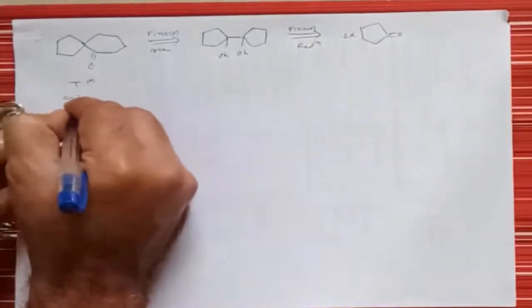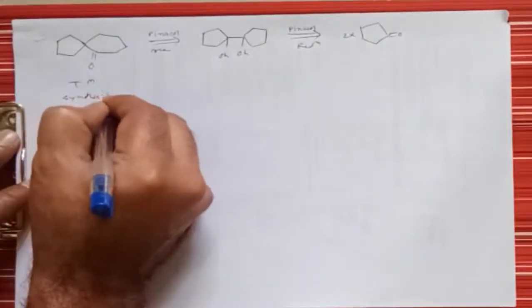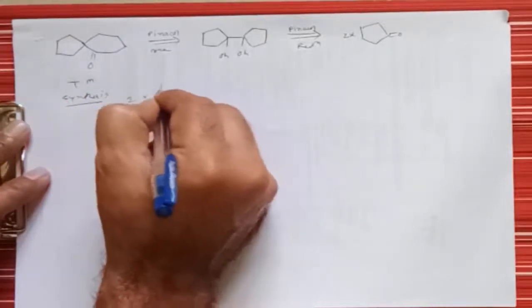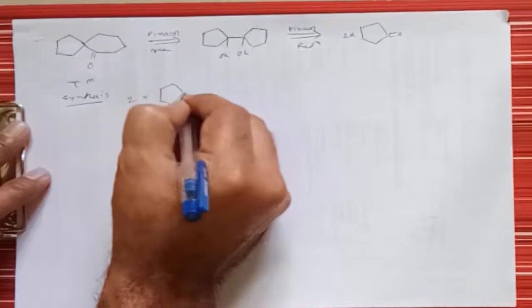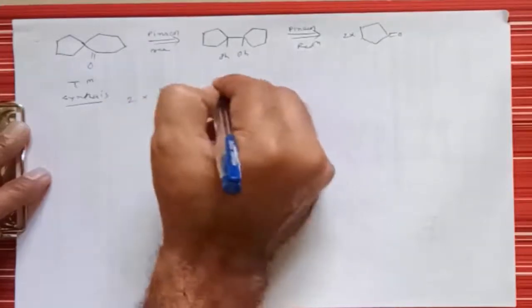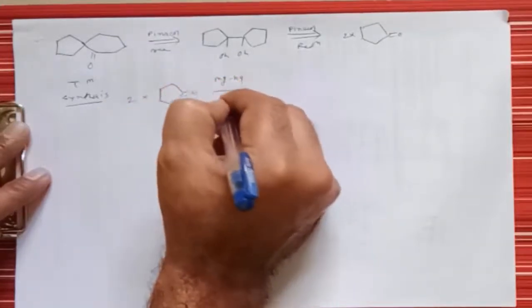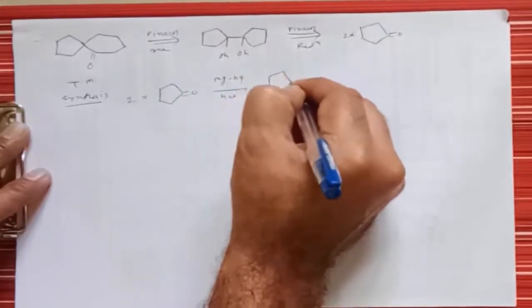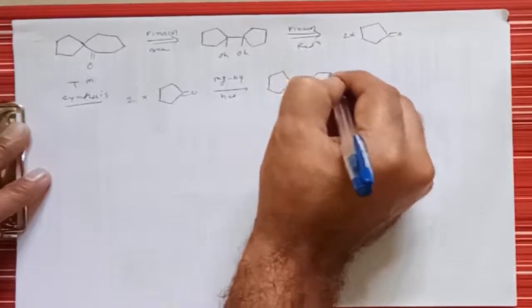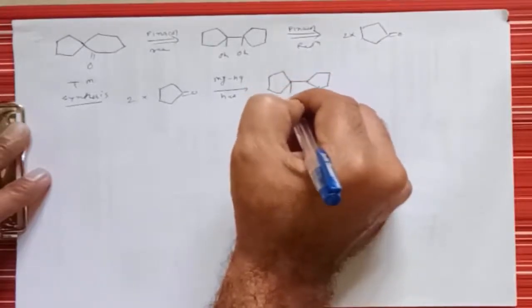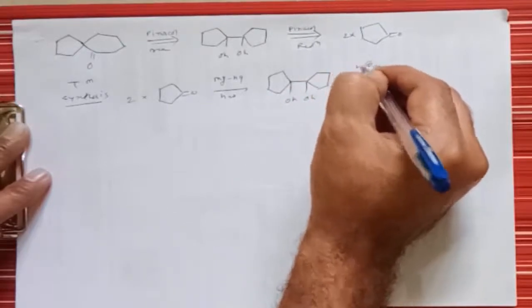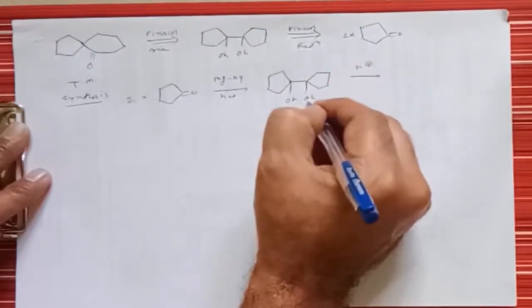And in the synthesis, it is again the same as the previous reaction. That means we have to take two molecules of this cyclopentanone in presence of MgHg and water. So what does it give? It gives formation of such a diol, OH, and in presence of H plus ion, H2O will be removed.